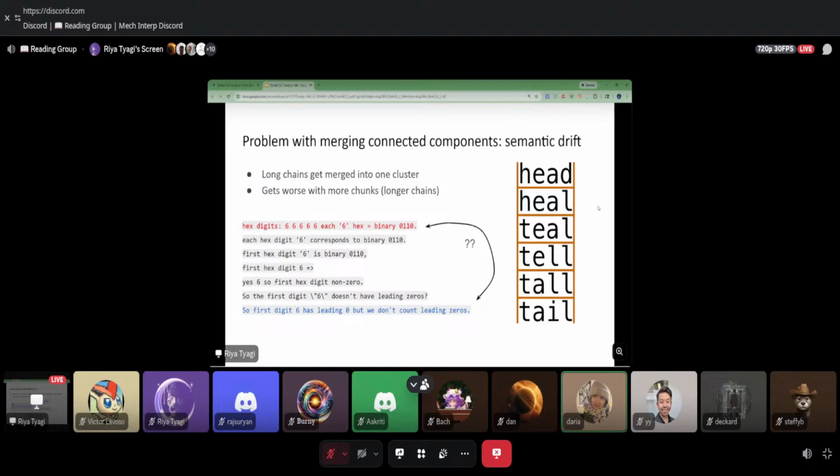And by a chain here, I mean a sequence of clusters such that, or sorry, a sequence, this is terrible. We made this terminology and now I'm messing it up. Probably says something about the terminology. Anyway, merging chunks that are similar to each other resulted in these chains where every pair of adjacent chunks would be similar semantically, but the start of the chain and the end of the chain would be super different.